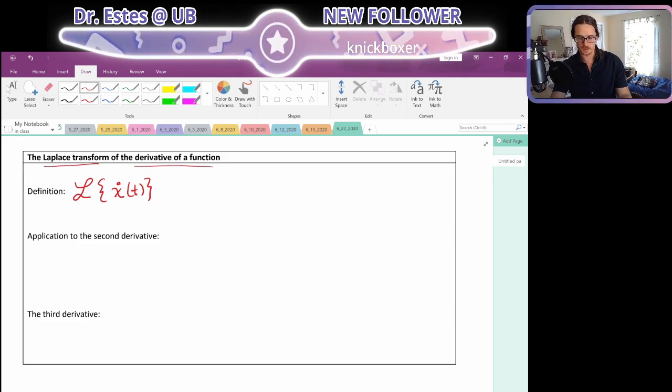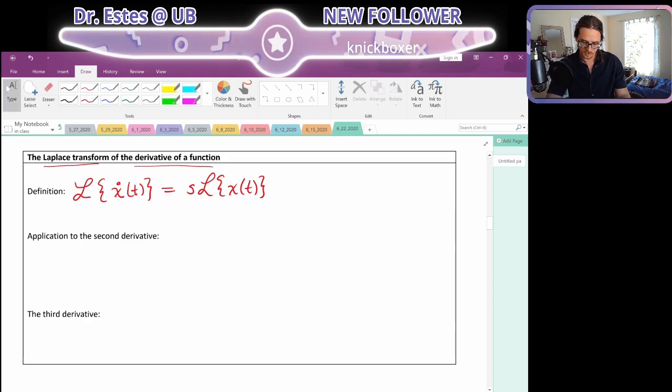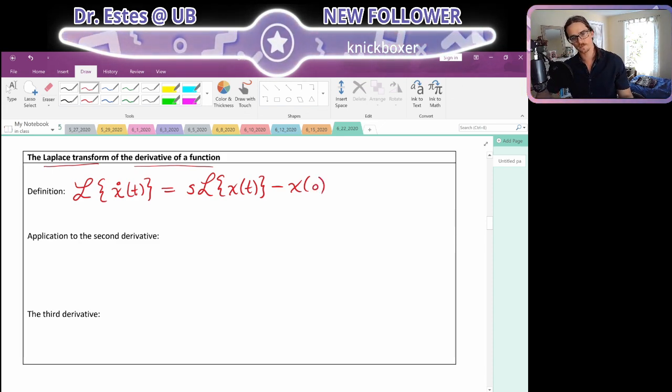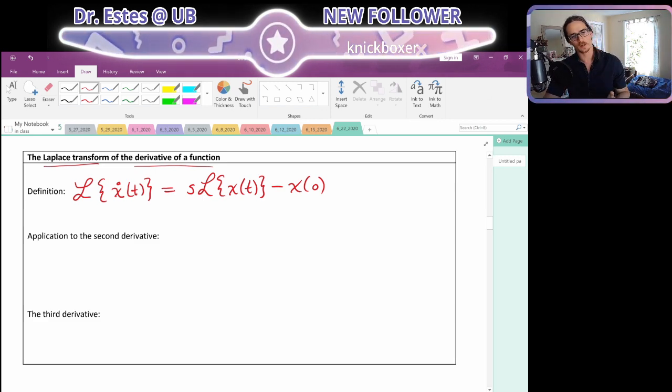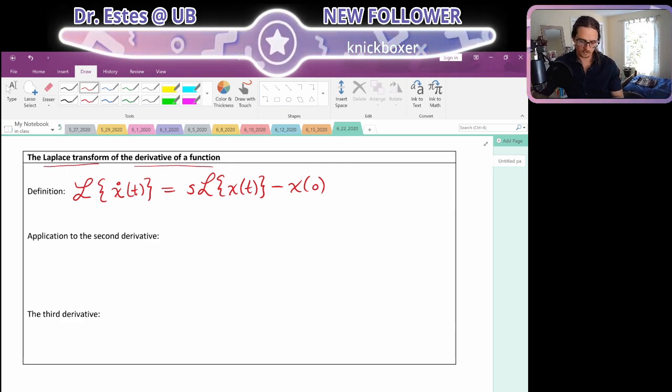So this is the definition. The Laplace transform of the derivative is s times the Laplace transform of the variable itself without the derivative, minus the initial condition of that variable. You can derive this definition using that integral definition of the Laplace transform up above. But this is what you'll get.